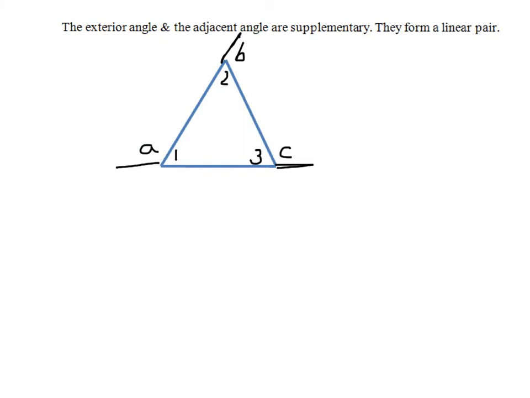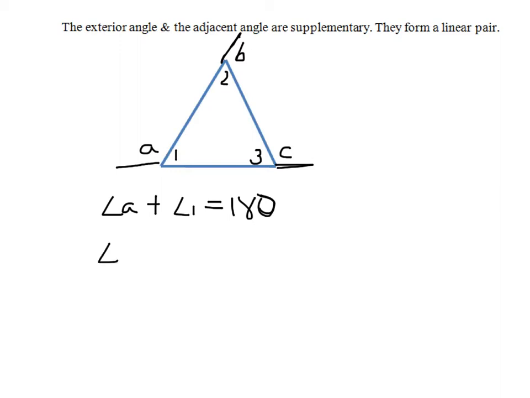Another thing you need to know about exterior angles of a triangle is they are supplementary with the adjacent angle. What this means is that when you add the exterior angle plus the one next to it, the adjacent angle, they equal 180 degrees. So angle A plus angle 1 equals 180.